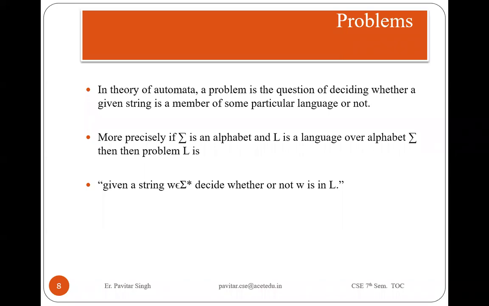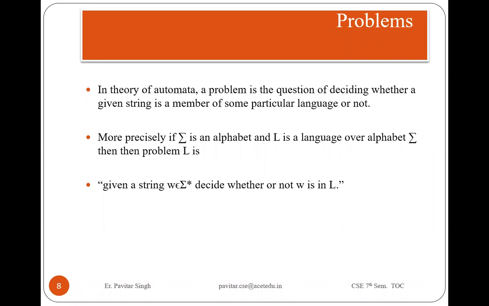And we have roughly around 60 students in our class, right? If I am asking you, roll number 1700248, is it present in your class? So your answer will be either yes or no. So I have asked you one question, right? So this is your problem.